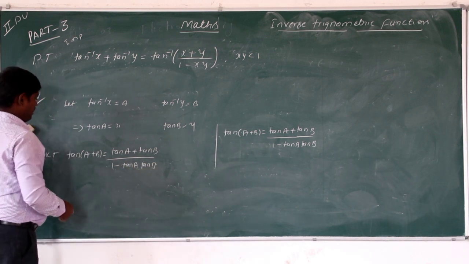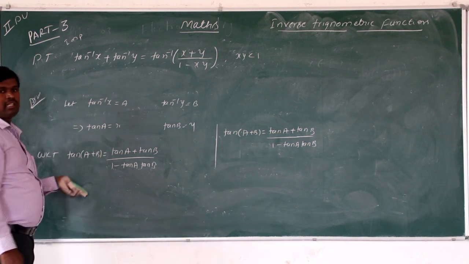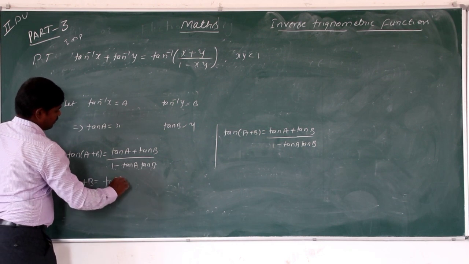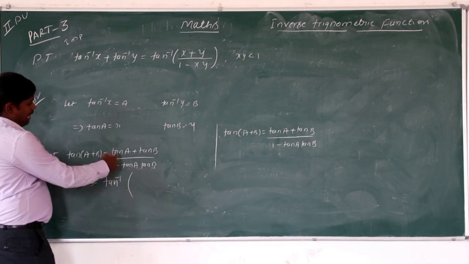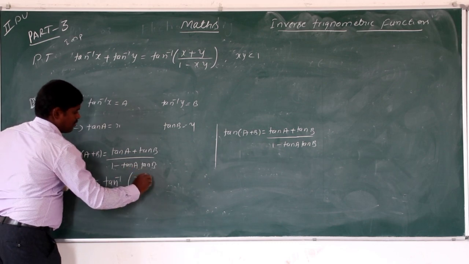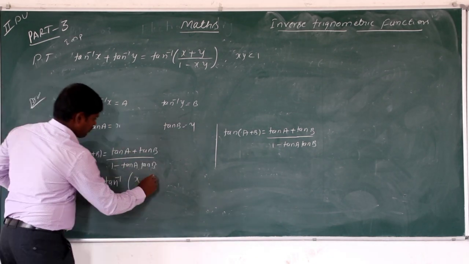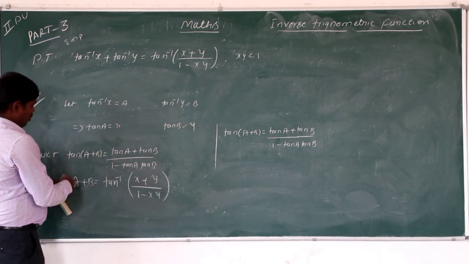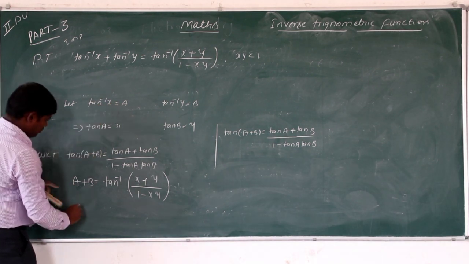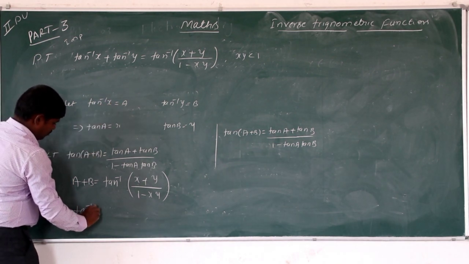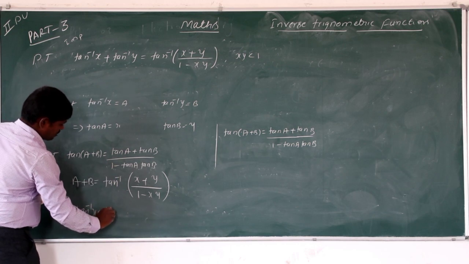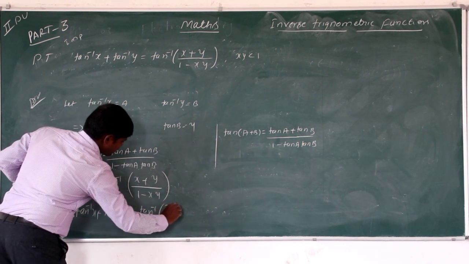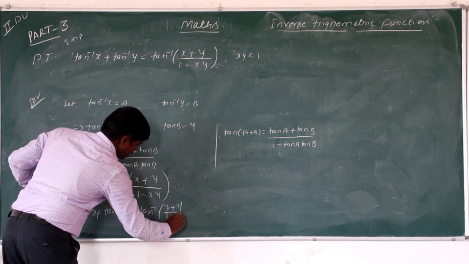Take tan to that side, so a plus b is equal to tan inverse of x plus y divided by 1 minus x into y, where tan a is x and tan b is y. Already we know a is tan inverse of x and b is tan inverse of y, which is equal to tan inverse of x plus y divided by 1 minus x into y.